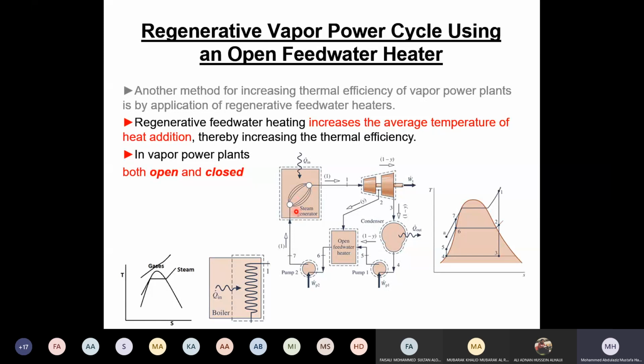As we mentioned here, we increase the temperature into the boiler, and accordingly QN will be less here. And this, of course, will tend to increase the efficiency. Also, we explain this with the second law, by the fact that the temperature difference is less, and therefore the irreversibility is less.